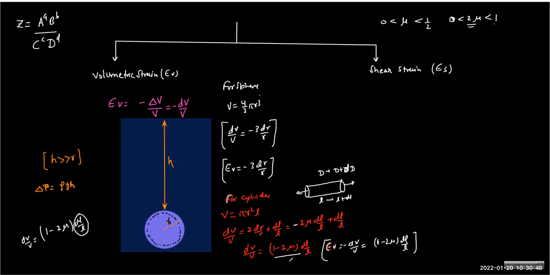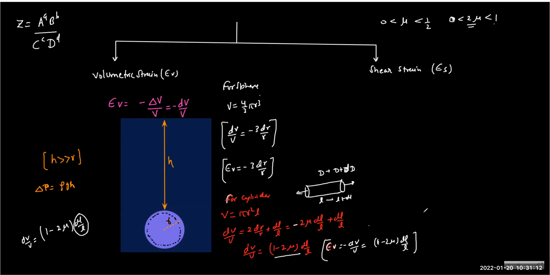So here dV by V will be how much? Positive quantity, which means here the volume will actually grow. If dV by V is positive, it means as the length increases, the net volume will increase. So that's something different.